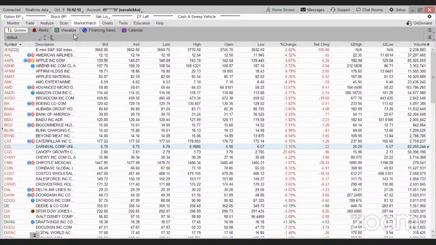Okay. So let's start from the very first thing, which is relative strength. Just imagine that we have a couple of levels on ES, a 3660 level and a 3620 level.